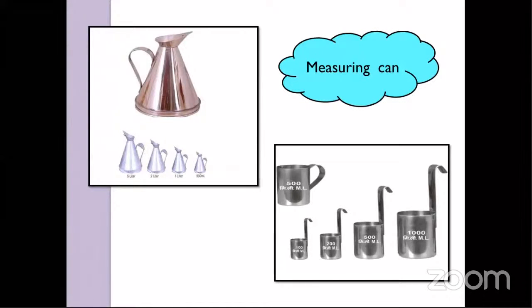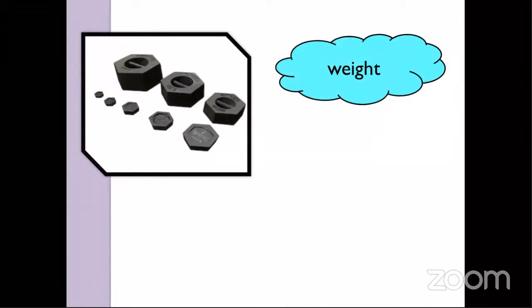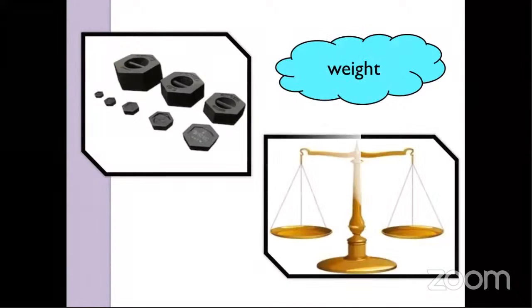When we measure liquid, we use this measuring can. Weights are also available for measurement. You all learned this in the previous standard. So students, these are all about measuring things.